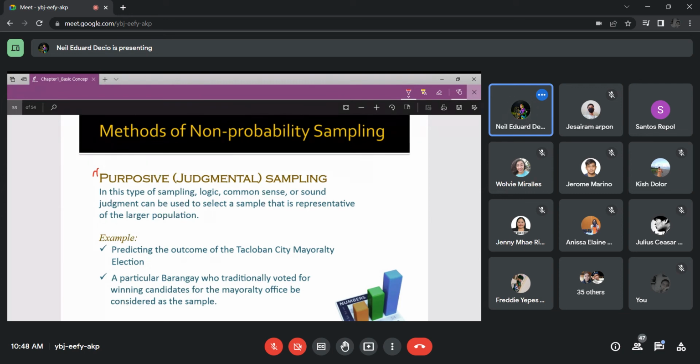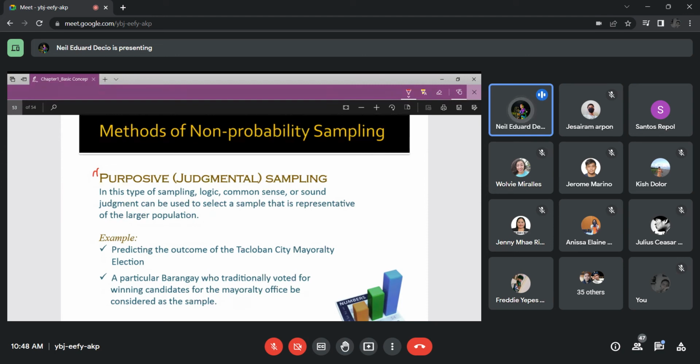And then number 3, you're going to identify the variables that was used in the study. And then from the variables, you're going to identify kung qualitative or quantitative yung variable. And then, of course, you're also going to identify the level of measurement, kung nominal, ordinal, interval, or ratio.